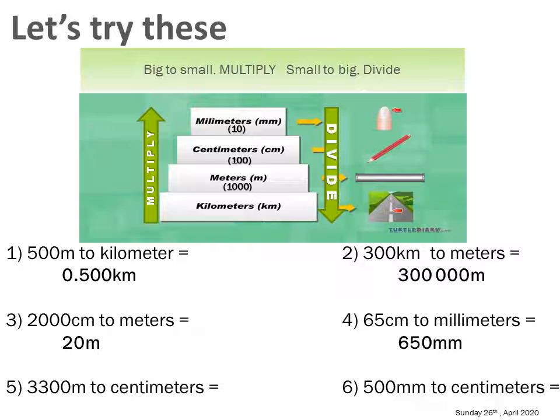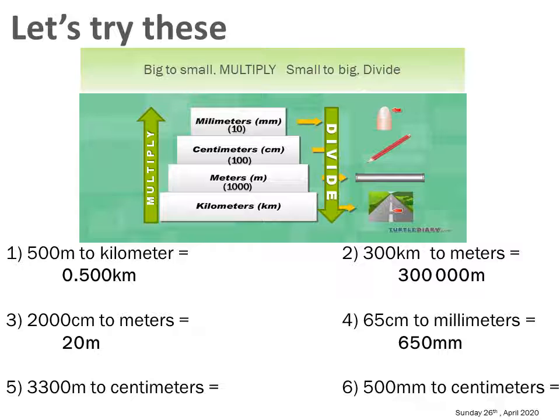And the last one, 3,300 meter to centimeter. So now we have meter and centimeter. Let us look at the block. Which block is bigger? Good. Meter block is bigger. So now I have meter and I am going to centimeter. I am going from big block to small block.